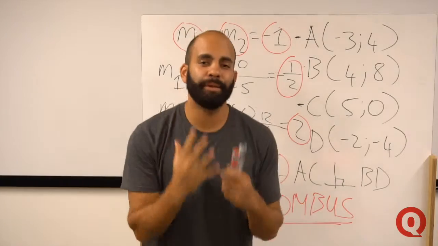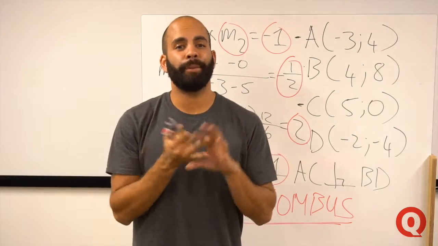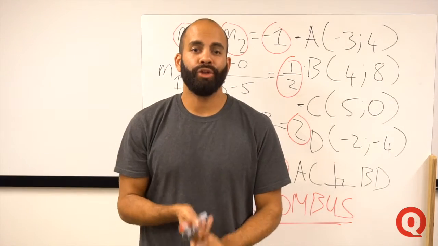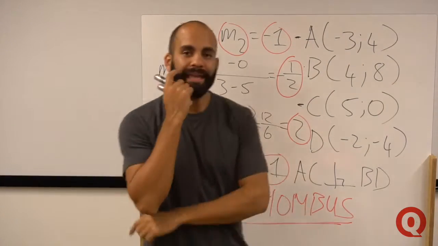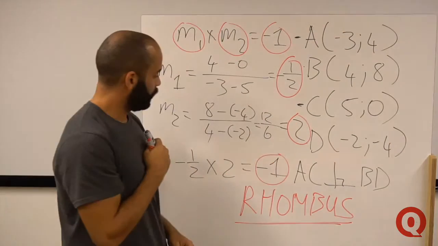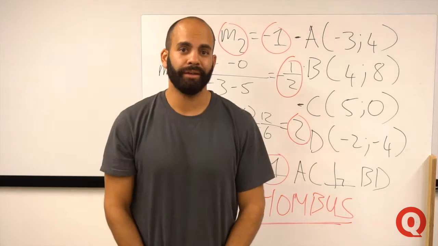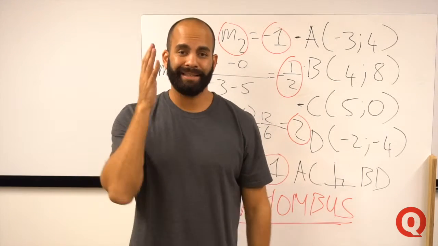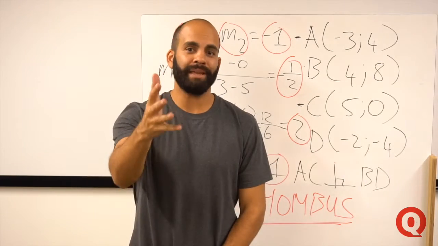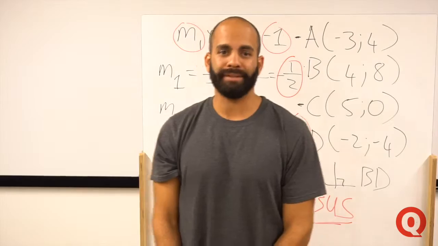So understanding the simple relationships of a parallelogram and the defining properties of a rhombus, you could solve for the missing coordinates in this problem. You could prove that the bisectors were perpendicular to each other, and you've easily solved a simple maths problem that could have been given to you in any of your tests this year or your exam papers.